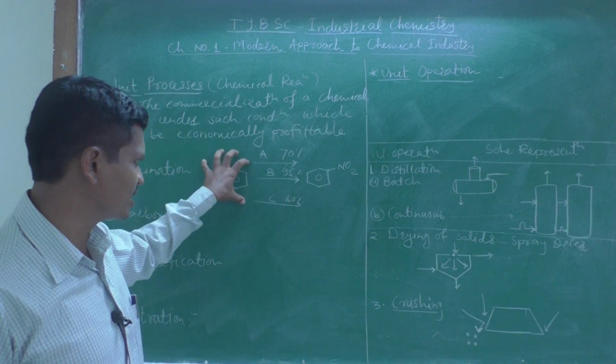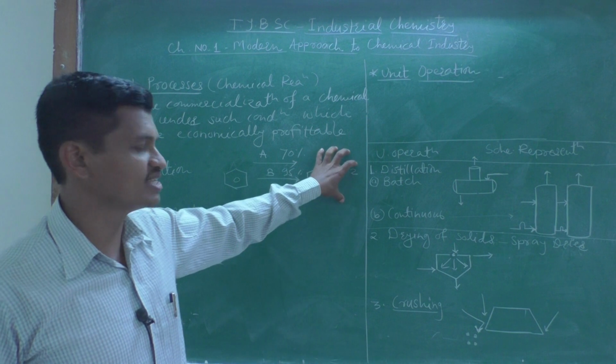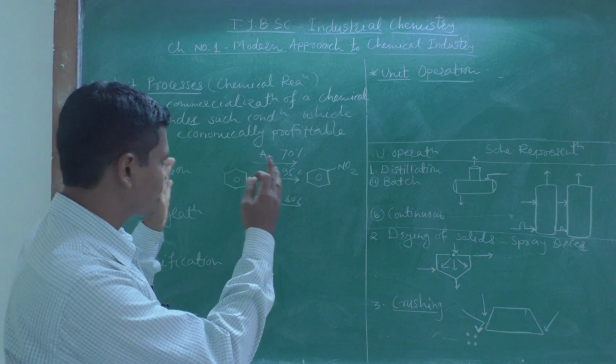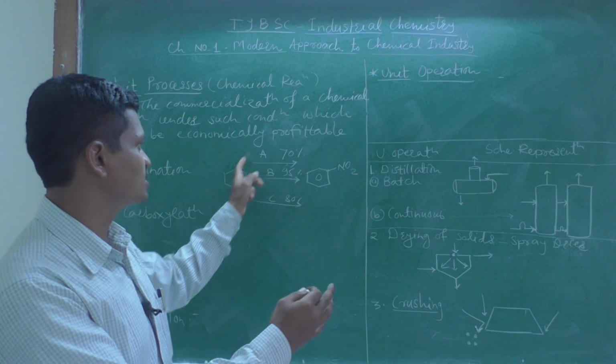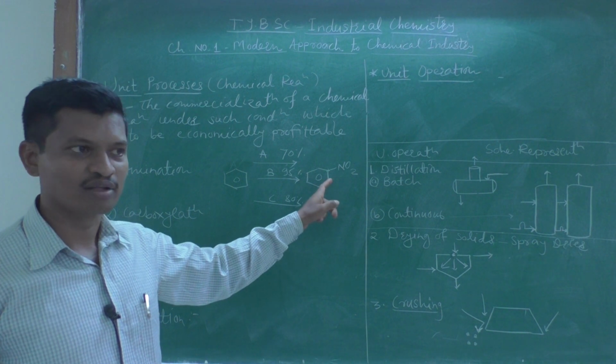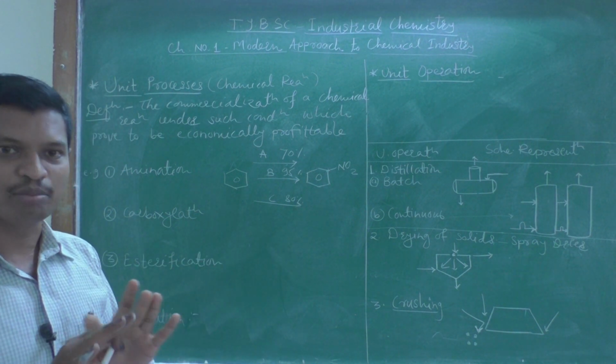This is the starting material or raw material, and this is our desired product or end product of the chemical reaction. All these are chemical reactions or chemical methods.